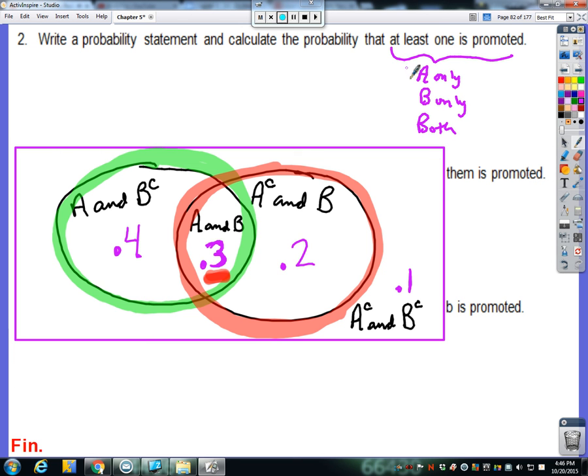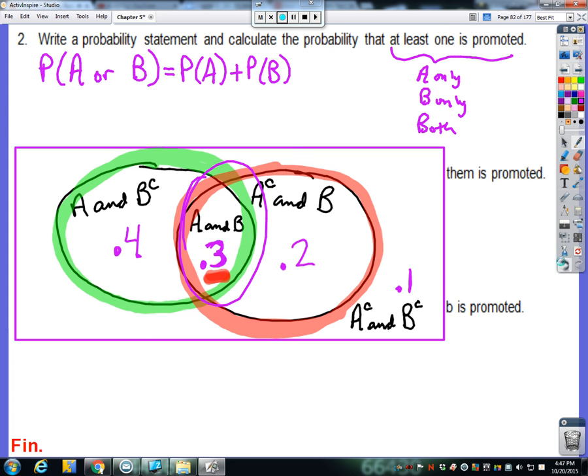Now, if we're only talking A or B or both, well, really that's the same thing as saying that Deb or Matt are selected. And that was equal to the probability of Deb, every situation of Deb plus every situation of Matt, but we said there's some overlap in here. There's really a few different ways we can do this problem, so bear with me here.